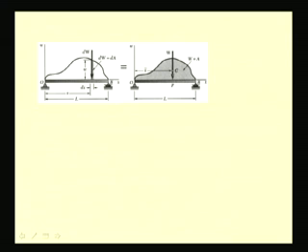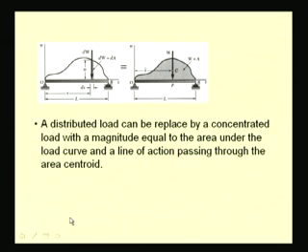In order to determine that, we can sum the moments of these individual incremental forces about say a point O and equate it to the moment of this concentrated load about the same point O. By doing this, we can determine the moment arm for this concentrated load W. We can find that for the first moment of this weight to be the same, this load W has to act through the centroid of this area.